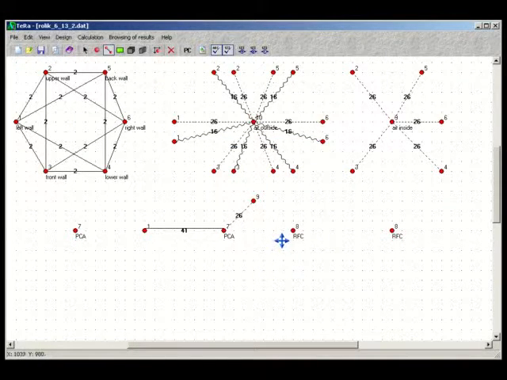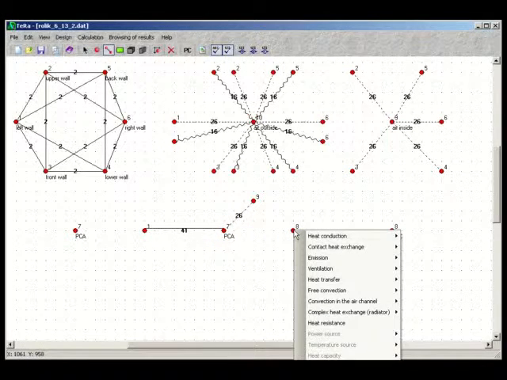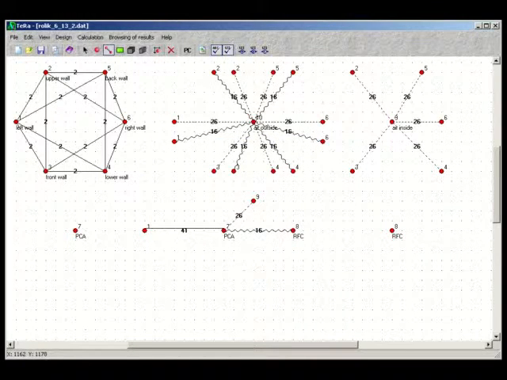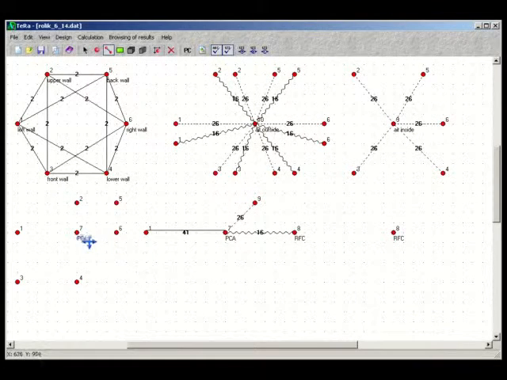Branch 7 to 8, radiation with a transformer. Parameters of the branch: surface length 50, surface width 30, surface emissivity and irradiation coefficients are taken from the database. The printed unit by radiation interacts with all walls of the case.